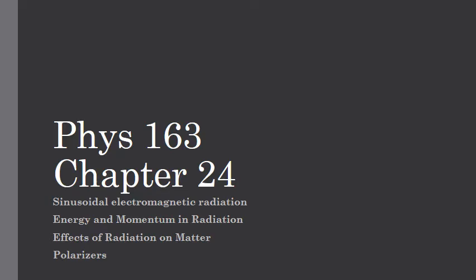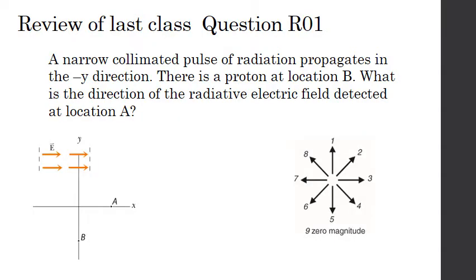So to get started, what we're going to do is review some of the stuff that we did in the last class. So here, what I want you to do is come up with a direction for the radiative electric field detected at location A, and I'll give you about 30 seconds to come up with an answer.